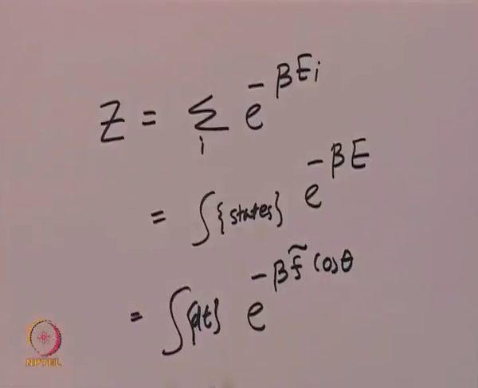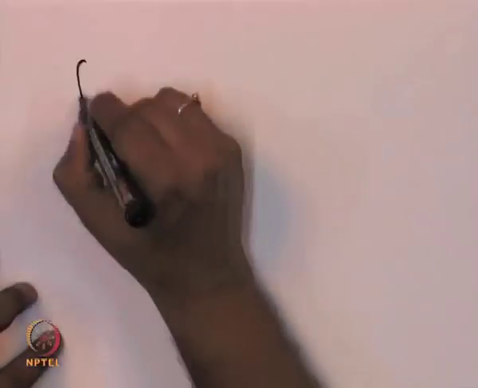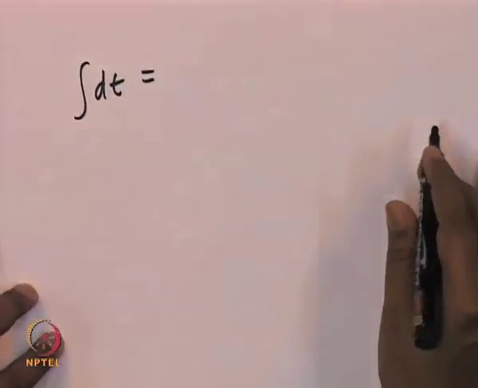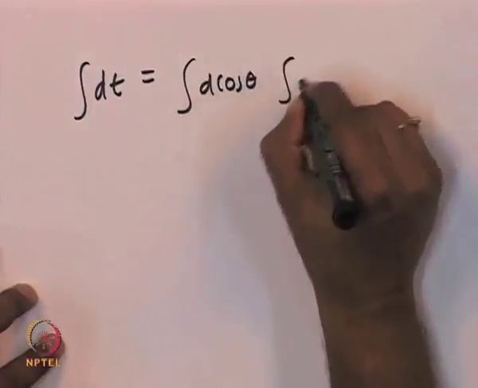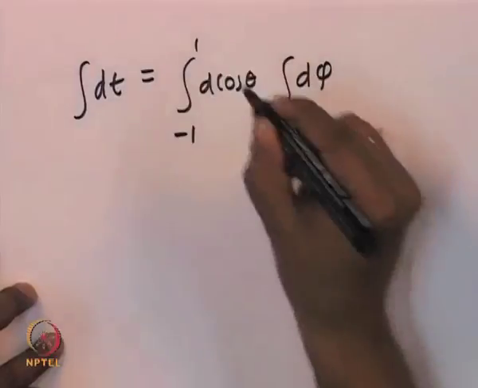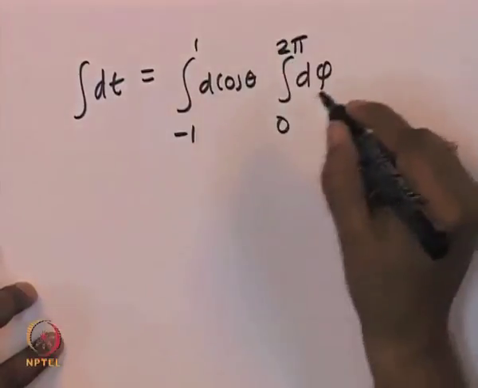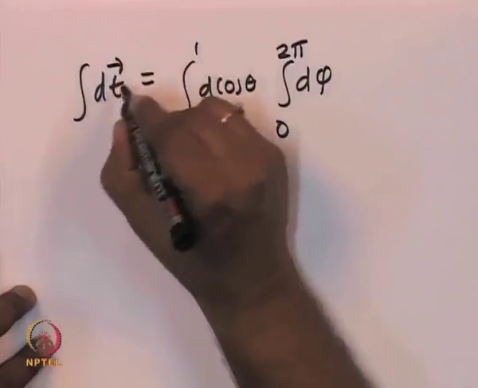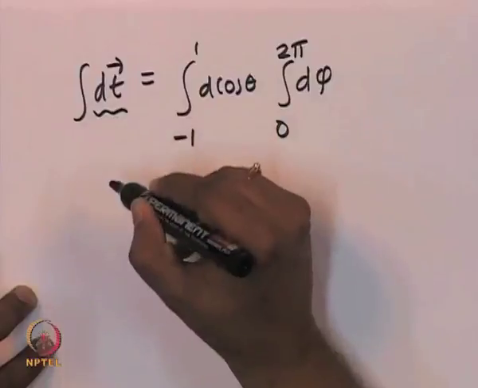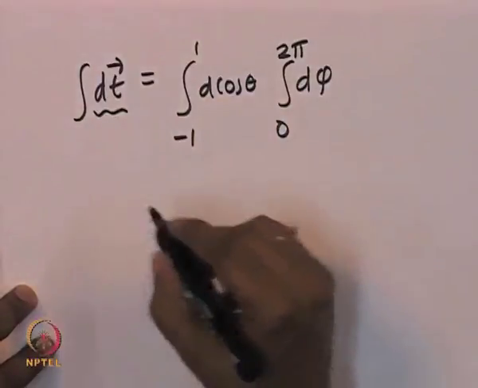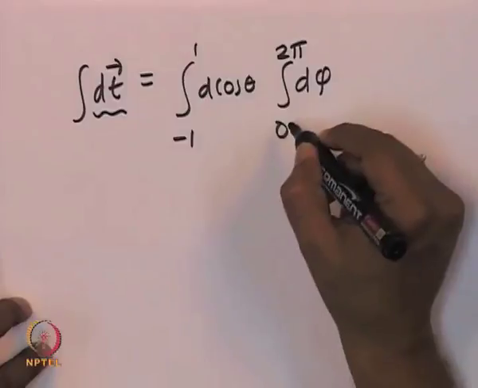And it turns out that like we did before, this dt integral can be written as the integral of d cos theta from minus 1 to plus 1, times the integral of d phi from 0 to 2 pi. This is basically converting the volume element in 3D into spherical polar coordinates, where theta and phi are the spherical polar coordinates.